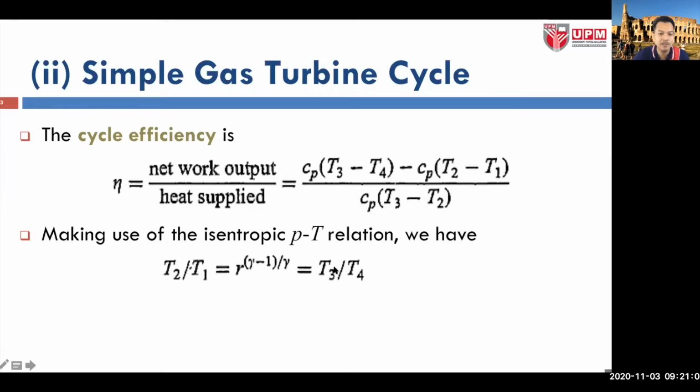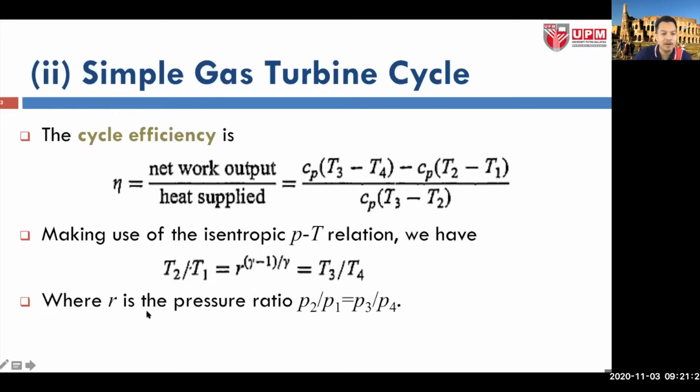We will determine it when we go into the specific example later on. This is also equal to the temperature ratio between the turbine inlet and the turbine outlet, where R is the pressure ratio, P2 over P1, which is equal to P3 over P4.